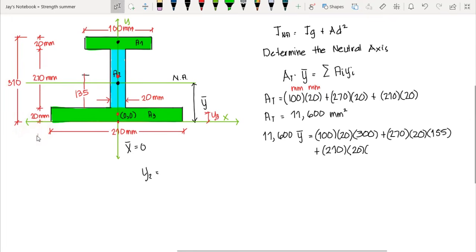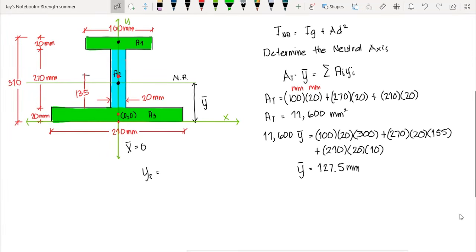So that is 20 divided by 2, that is 10. So we have here 10. And this gives us the value of our barred y equal to 127.5 millimeter. So therefore, the location of our neutral axis from the x-axis is equal to 127.5 millimeter. Okay? And our barred x, of course, is equal to 0 if our reference or our origin is at this point.